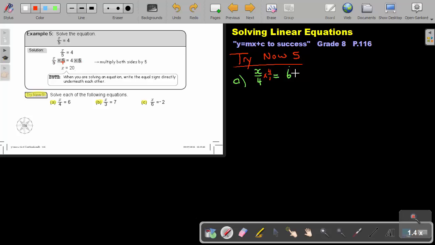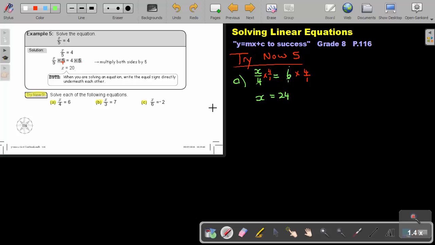But whatever you do on one side, you're also going to do on the other side. So the 4s cancel, so I have x. And remember, this is actually also over 1. So 6 times 4 will be 24. And you can test it. 24 divided by 4 will be equal to 6.